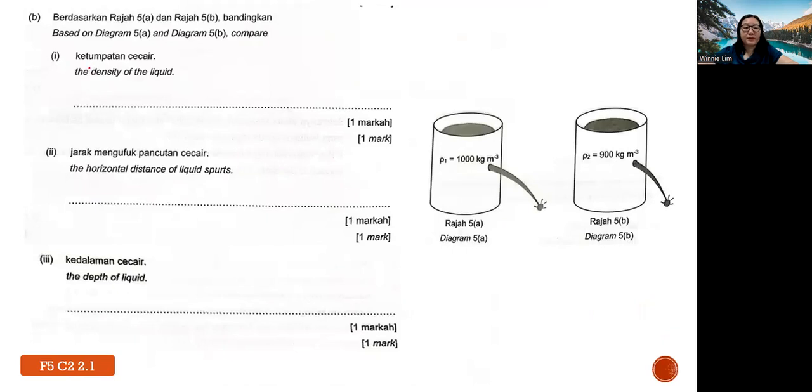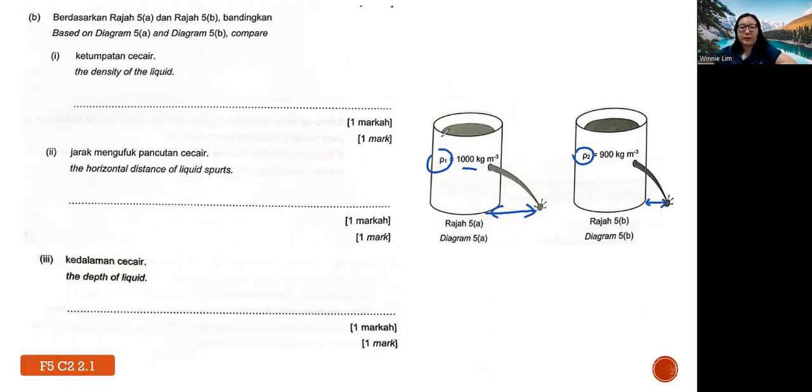Then the next comparison part. Based on diagrams 5A and 5B, compare what? Density. They really give you the reading already. So this row refers to density. Of course the density of 5A is less than 5B. You can use the sign or you can use sentences. Then the horizontal distance, you try to measure this distance. It seems like 5B is further, and this one is shorter.